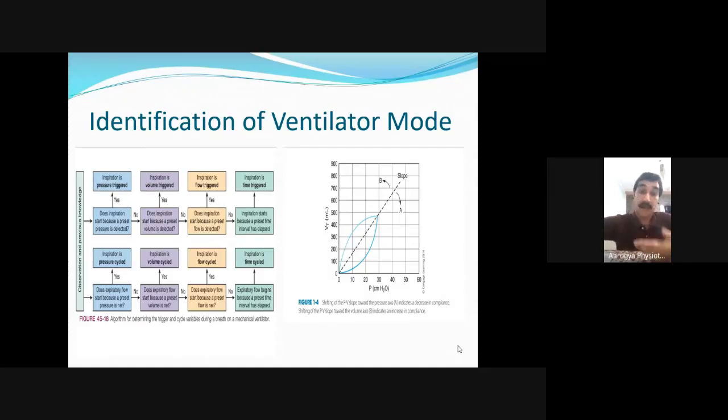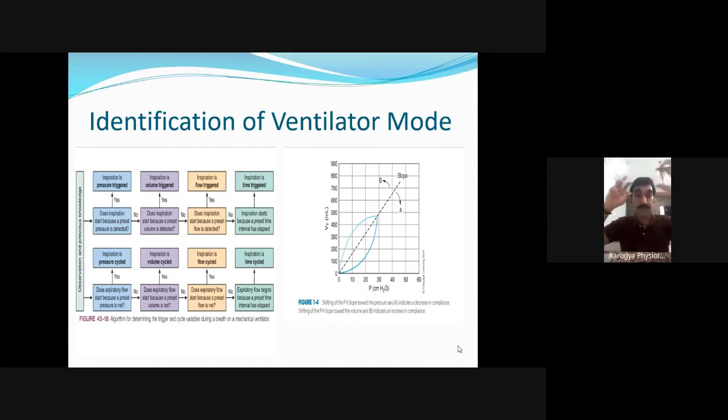So when you see the breath on the ventilator display, a breath consists of an inspiratory cycle and an expiratory cycle as well. The inspiratory cycle and the expiratory cycle complete a breath. So a breath is a cycle of positive flow and negative flow. The positive flow is the inspiration and the negative flow is expiration.